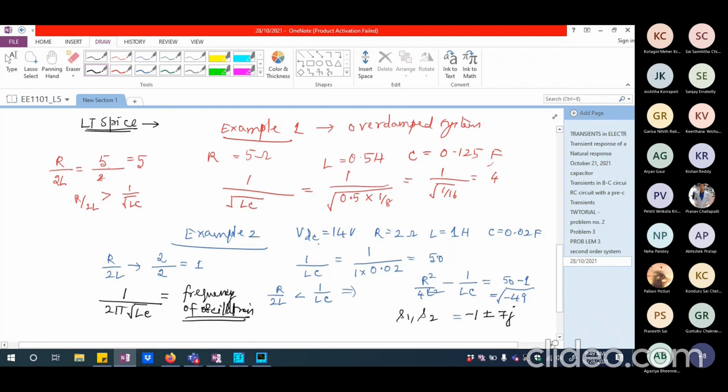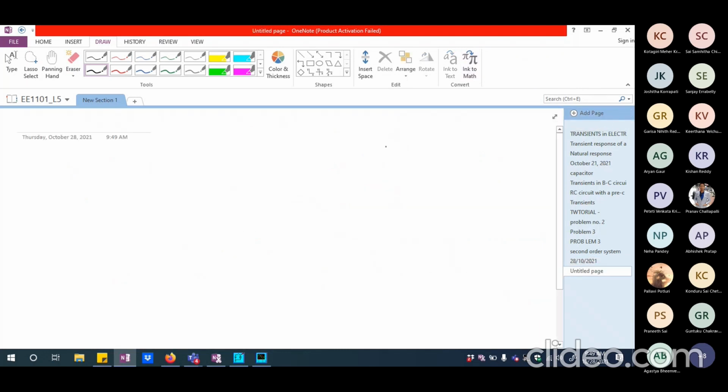Okay. So we can actually solve this particular problem. For example, let me first take the overdamped case and try to solve it.